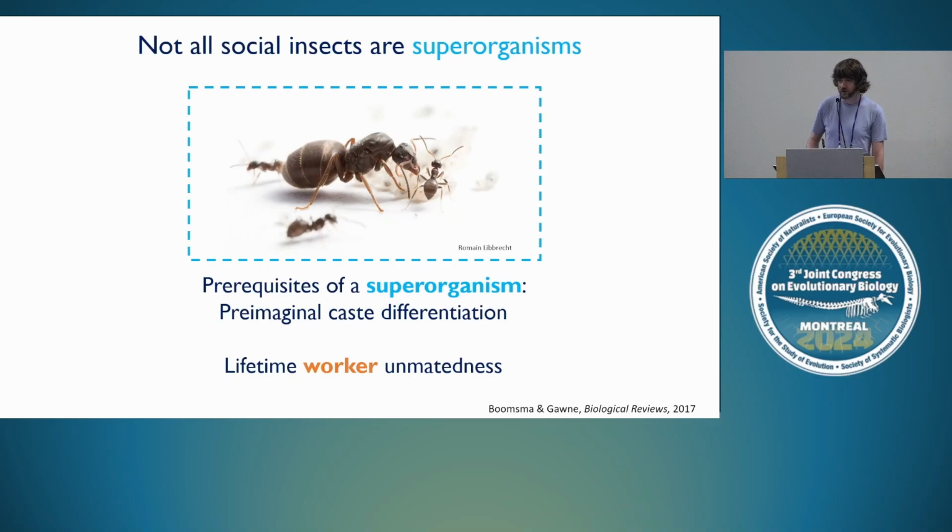In addition, lifetime worker unmatedness is another classification, and this has been put forward as a major contributing factor in the evolution of superorganisms. Where you have the production of an offspring cohort that is all unmated, this leads to a point of no return and an irreversible transition into a superorganism.